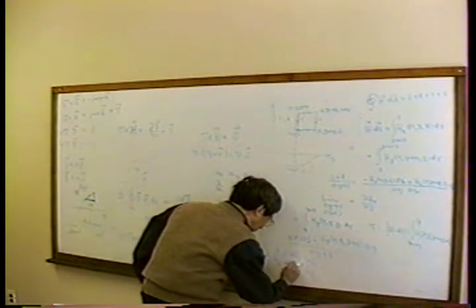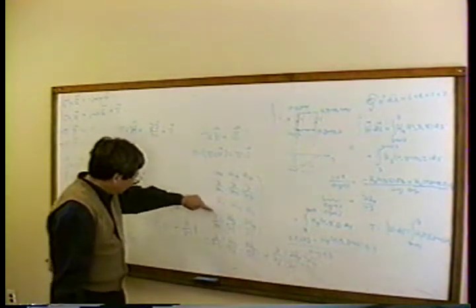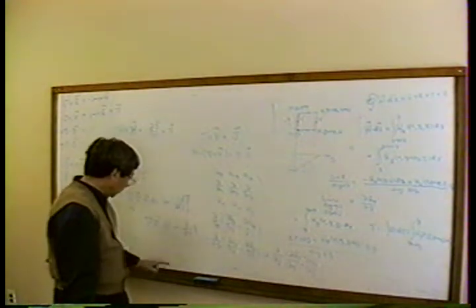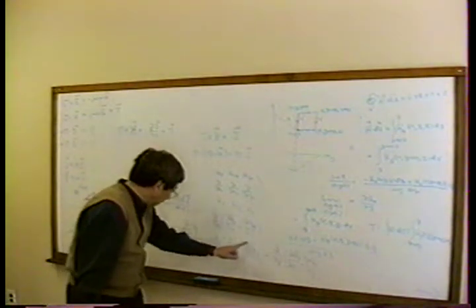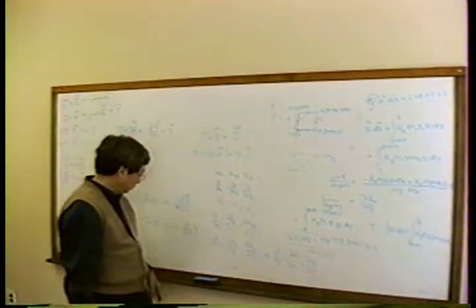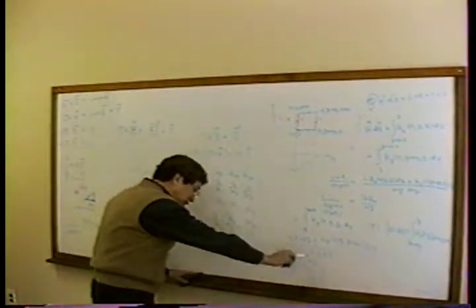Now you see it's going to be 0: d squared Hz dx dy minus d squared Hz dy dx. They all cancel. Therefore, this is equal to 0.